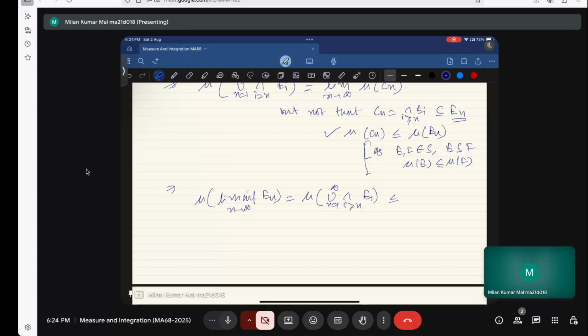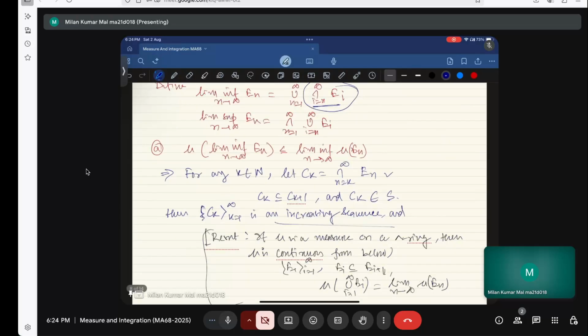That will be less than or equal to the limit as n tends to infinity of mu of E_n. And I think this is what we are asked to prove.